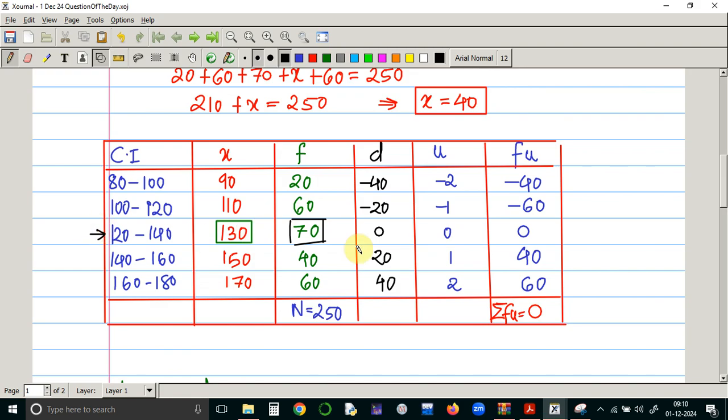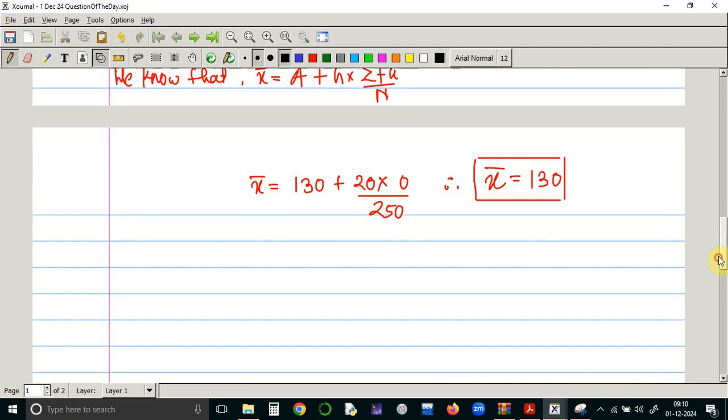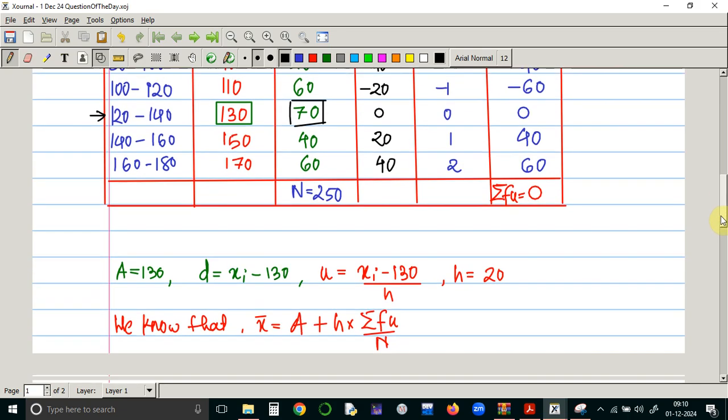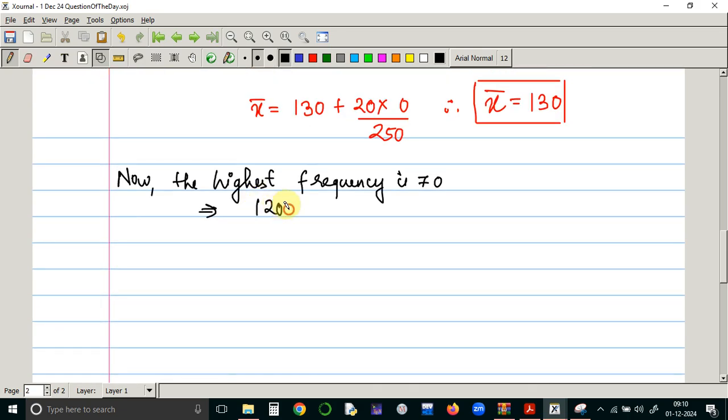So I'll put an arrow in front of it. Now, the highest frequency is 70, which implies 120 to 140 is the modal class.